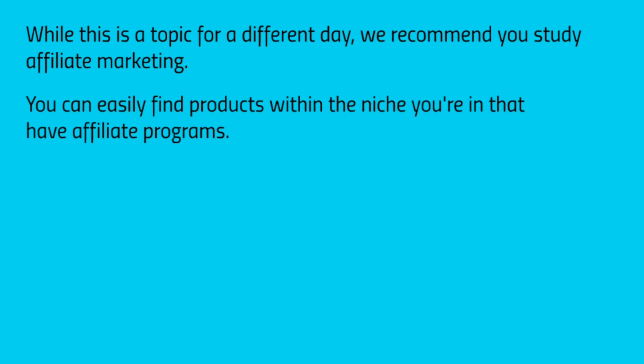So you can easily find products within a niche that you're in that have affiliate programs. In fact, in video number 5, where I show you how to go to a site called clickbank.com or even jvzoo.com, both of these sites are where you can find products to promote as an affiliate.